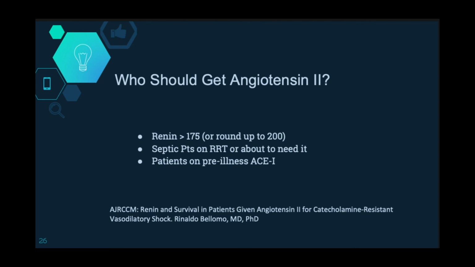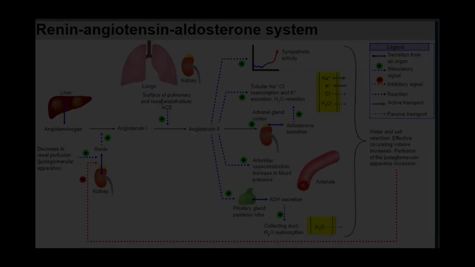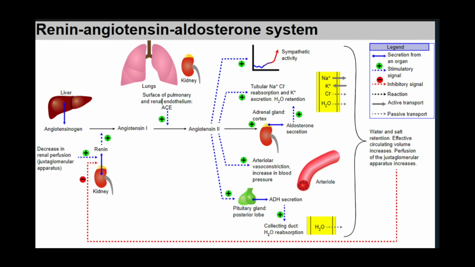They said septic patients who need renal replacement therapy are kind of bound to need it, or anyone who was on ACE inhibitors prior to their shock state would benefit from it. And then he found a renin level that he thought was a good indicator for starting it as a peripheral vasopressor.